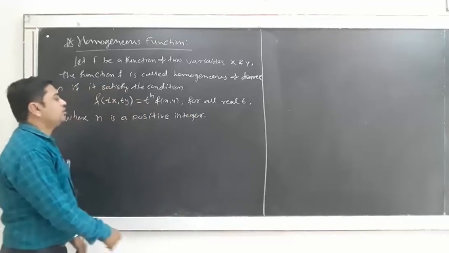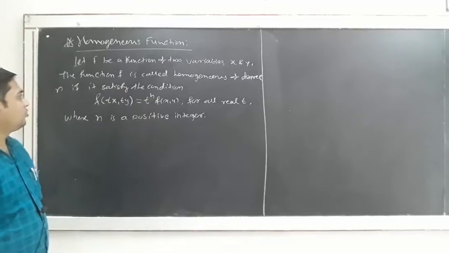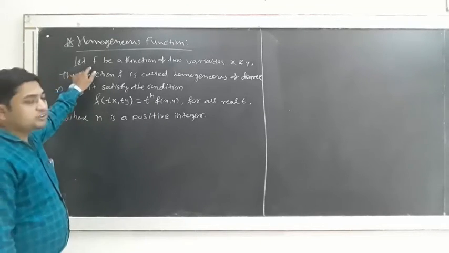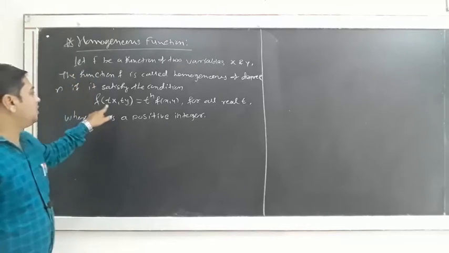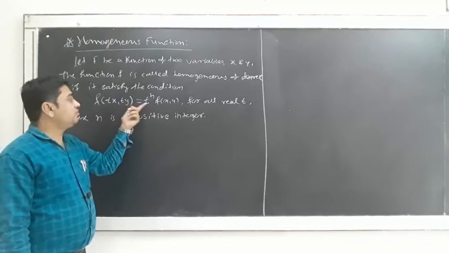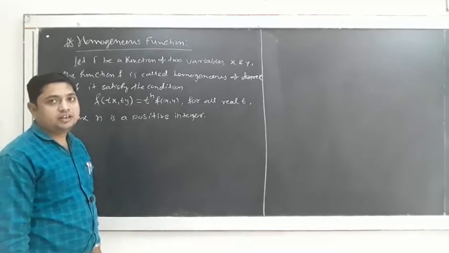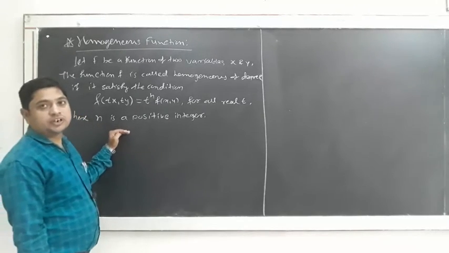Since n is a degree, it is a positive integer. So the definition: f is a function of two variables, then it is homogeneous of degree n if f of tx, ty is equal to t raised to n f of x, y for all real numbers t, where n is a positive integer.